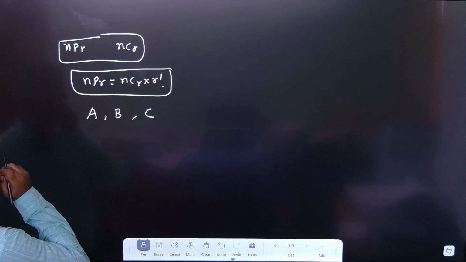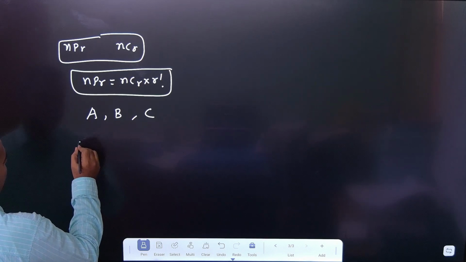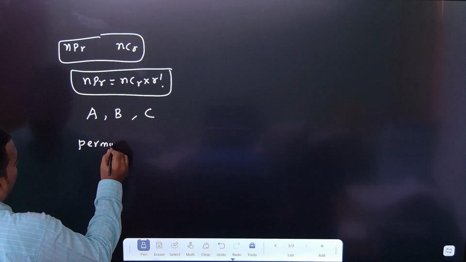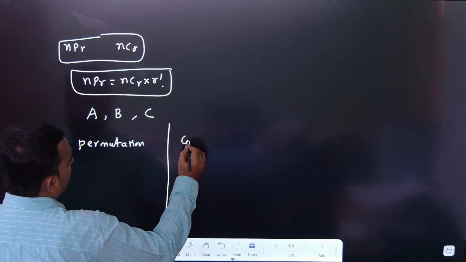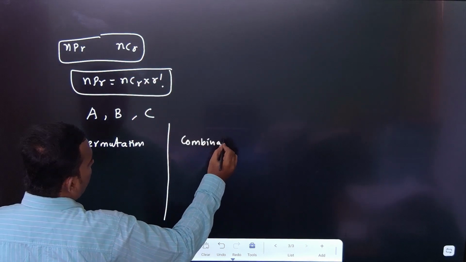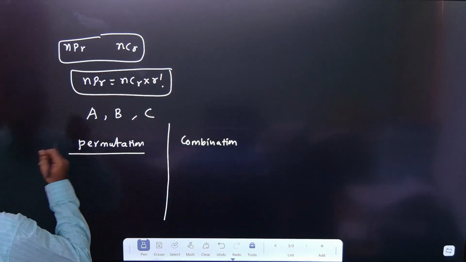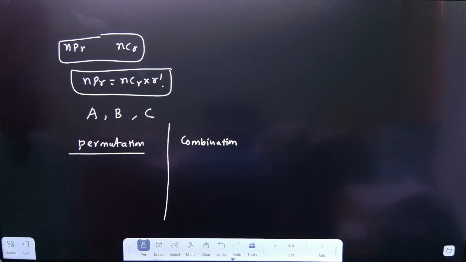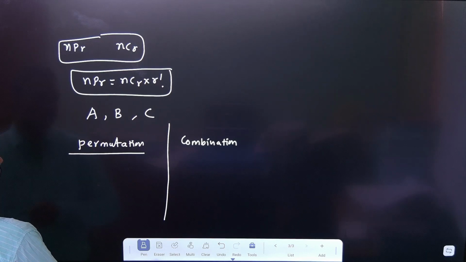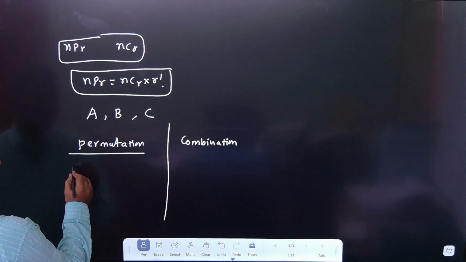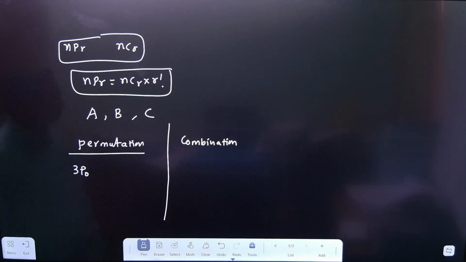So what we can do? The first observation, you can use the permutation and the combinations here. Suppose there are 3 letters, 3P0, you are not selecting anything, right?